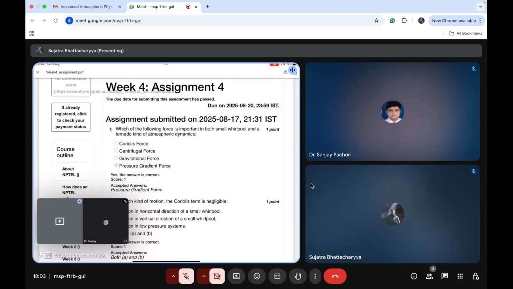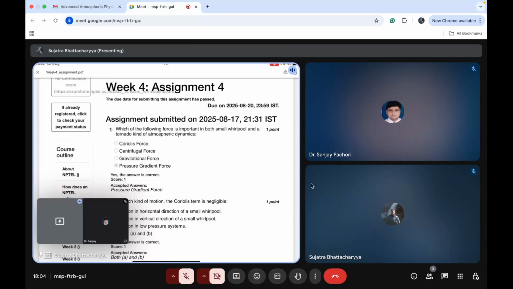So the first question of the week 4 assignment asks which of the following forces is important in both a small whirlpool and a tornado kind of atmospheric dynamics. One thing we must be very careful about is that whenever you have a whirlpool or tornado or even a cyclone, these are all cyclonic circulations. The difference between a small whirlpool, a tornado, and a cyclone depends upon the spatial scale.